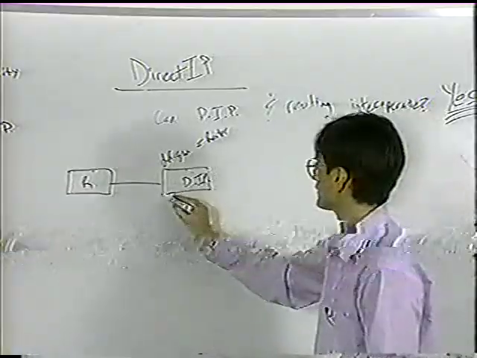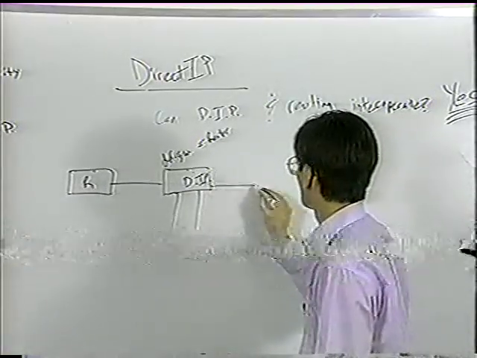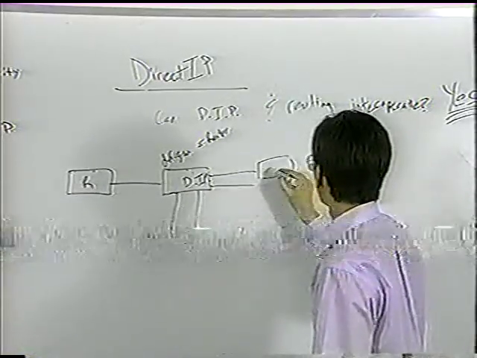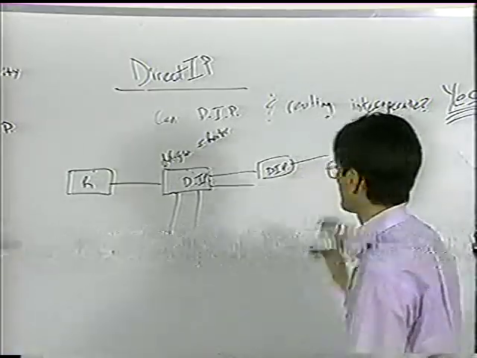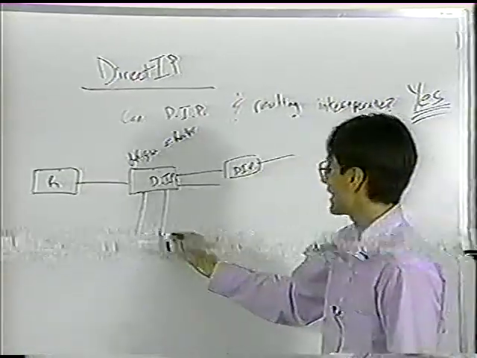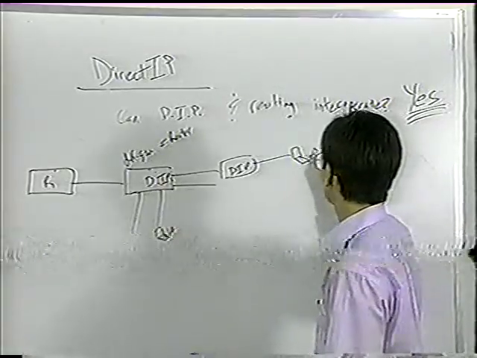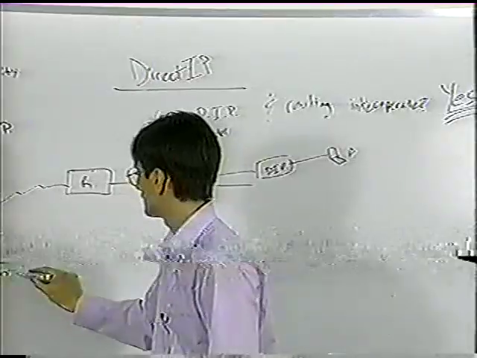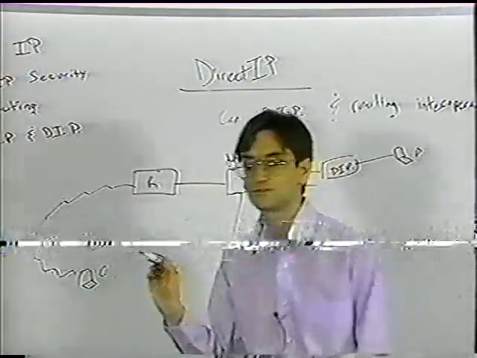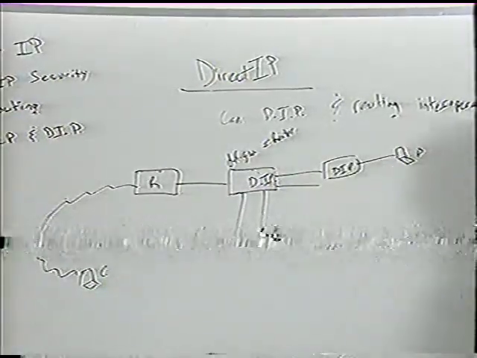Now, how does this work? For example, let us say I have a host A and a host B and a host C.